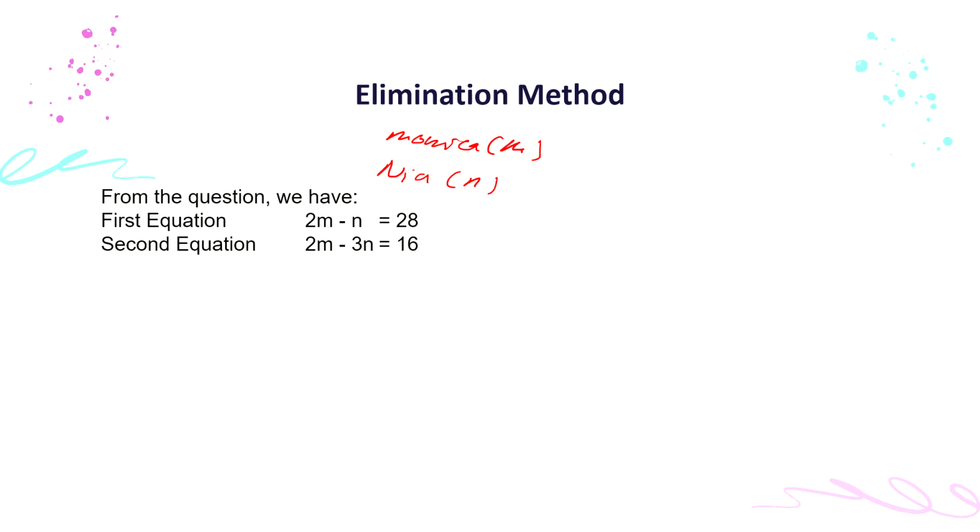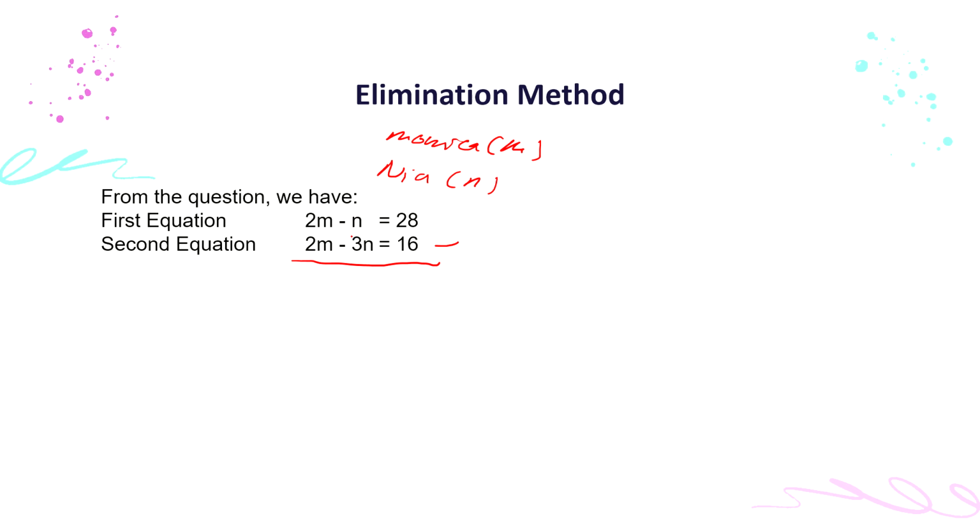Okay, in this case, the first step is to determine which variable will be eliminated first. This time we will eliminate m first, so that we can find the value of n.